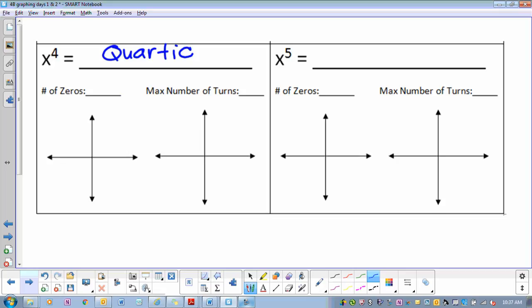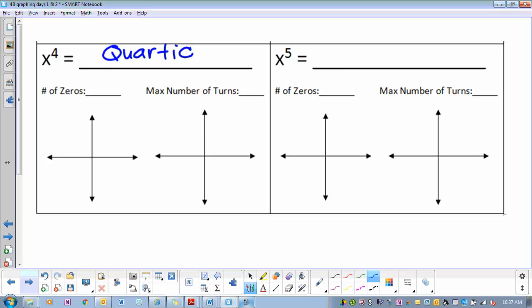Any ideas? 4 quarters. That's how I remember it. You really need 4 quarters to get anything nowadays, right? You can't do anything with 1 quarter. So, 4, quartic. Okay?